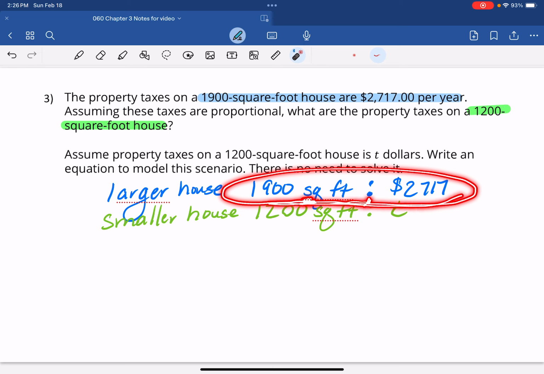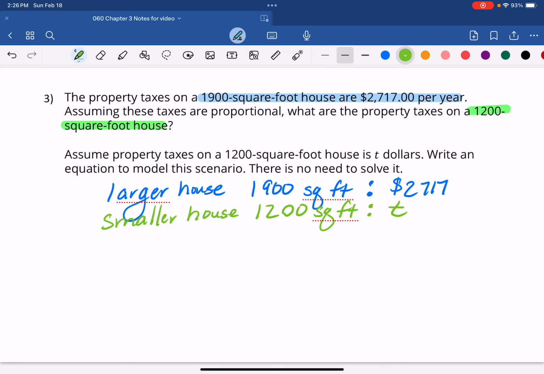So I can just create this as my first ratio, which would make this my second ratio. So we have the blue part as my first ratio, and then the green part as my second ratio. So that's one way to create your proportion.